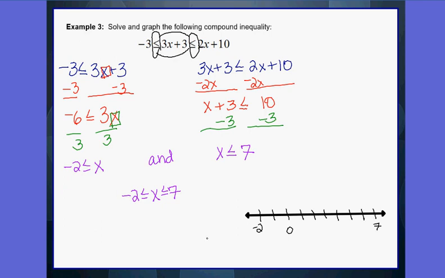I have a closed circle for both. -2 is included in the solution set, and so is 7. And of course I must shade all of the values in between to make this inequality true.